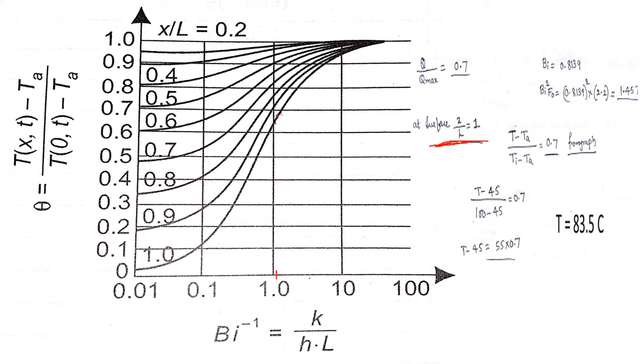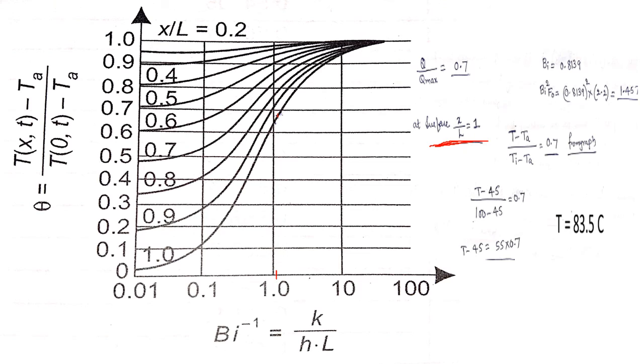Again if we come straight horizontally towards this line, it will be around 0.68. Instead of 0.68 I have taken this as 0.7, so there might be some error in reading the graph. This value can be 0.68 or 0.7, it will be okay, no problem. 0.68, 0.69, 0.7, it depends on how accurately you read the graphs.